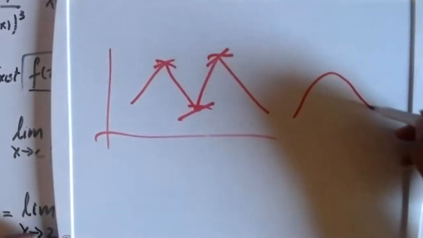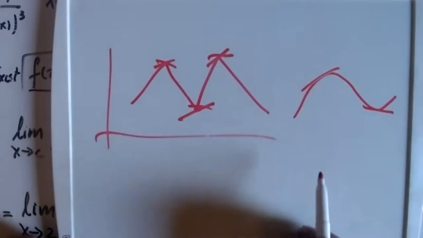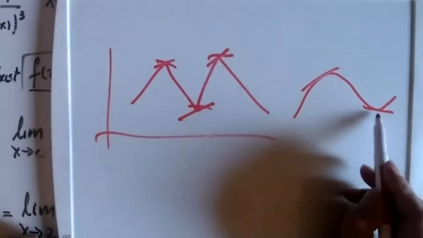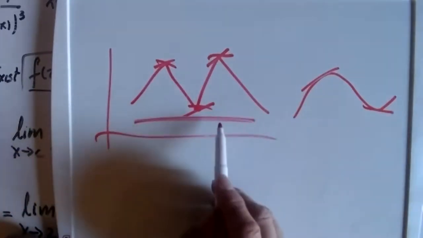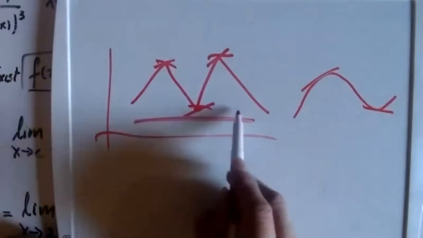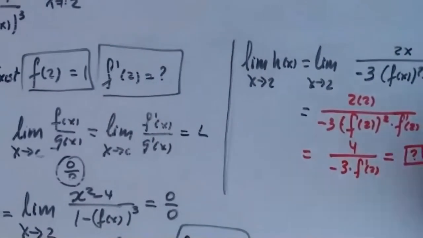This function is continuous and is differentiable. So this is the point. If the function is differentiable, it is continuous. If a function is only continuous, it is not necessarily differentiable. You may have peaks. The point here is this one, right?